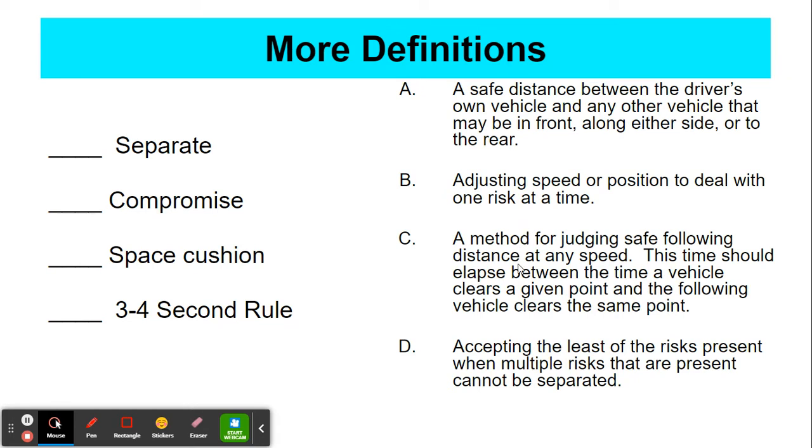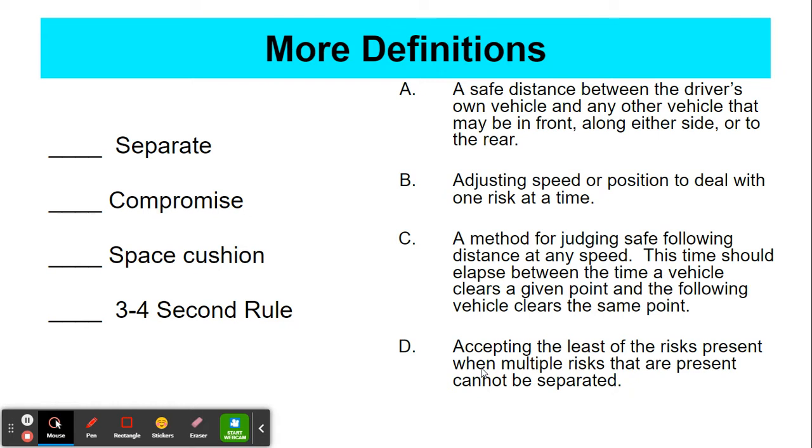Letter C, a method for judging safe following distance at any speed. This time should elapse between the time a vehicle clears a given point, usually a telephone pole or a post, something on the side of the road, and the following vehicle clears the same point. That's the following vehicle is us. Letter D, accepting the least of the risks present when multiple risks that are present cannot be separated.